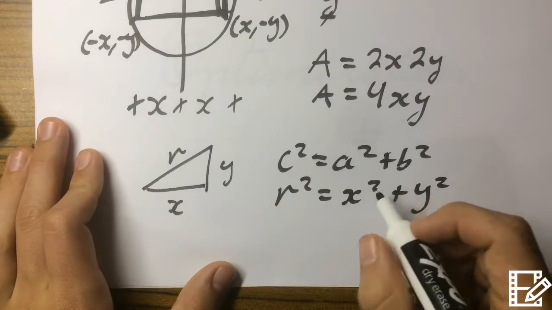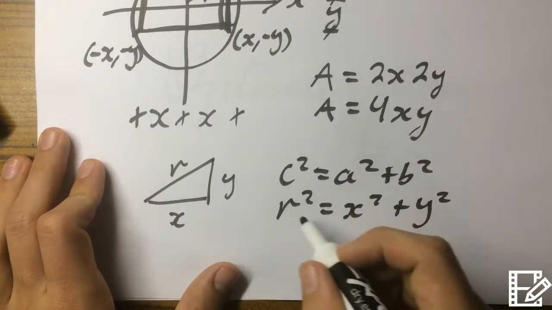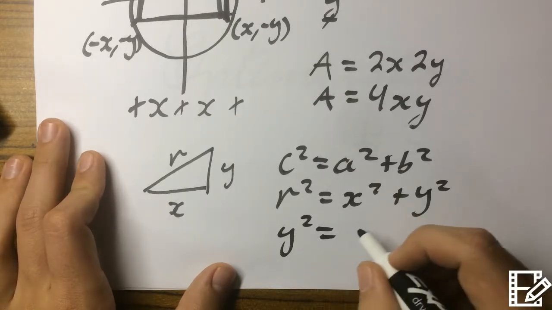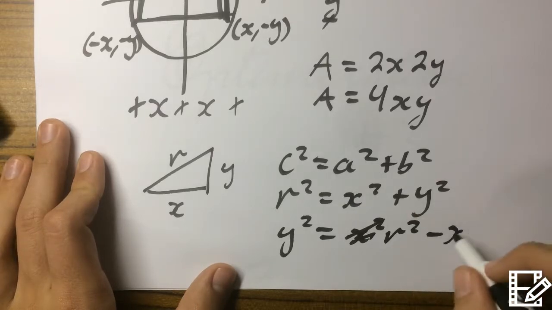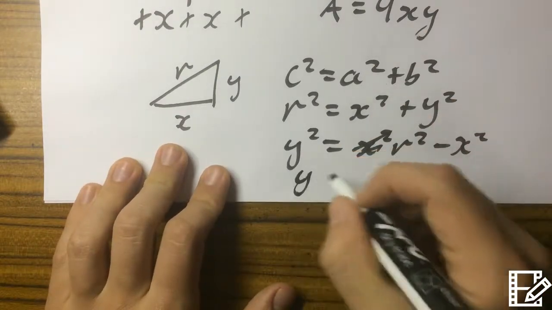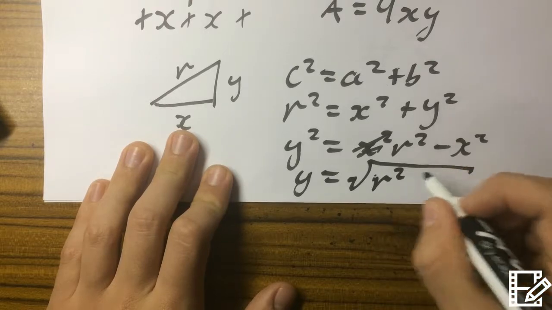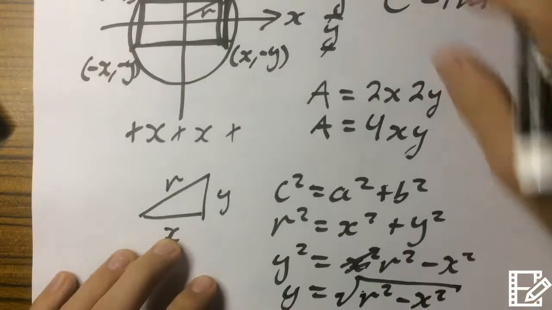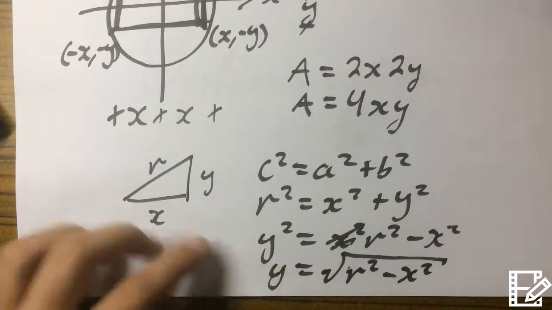Therefore, because we need either x or y, we can't just have r, we're going to bring x over this side, so y squared equals r squared minus x squared. To find y on its own, we're going to square root both sides, and we get y is equal to the square root of r squared minus x squared. Now we found our y value.